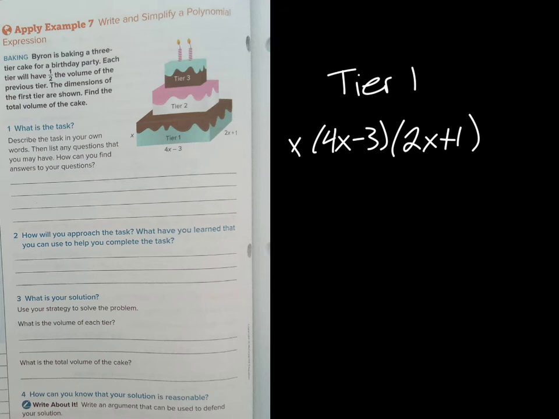Okay, so I want to FOIL first. I'm going to leave the x alone for just a second. So we FOIL that thing. What do we get? Eight x squared plus 4x minus 6x minus 3.